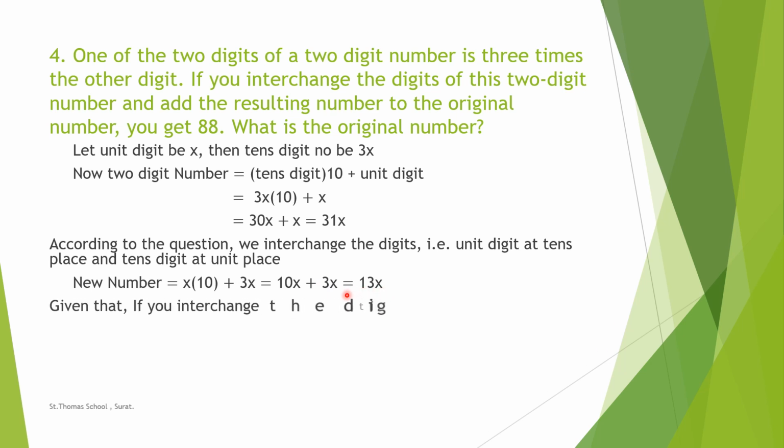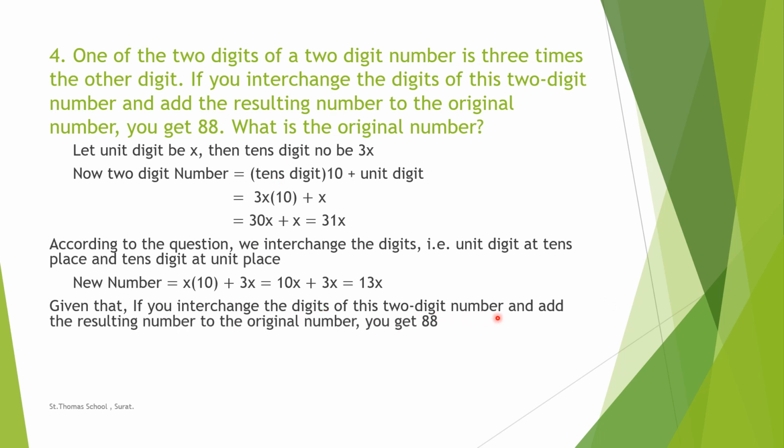Now, again, it is given: if you interchange the digit of this two-digit number and add the resulting number to the original number, you get 88. What is the meaning of this sentence? Add the resulting number to the original number. That means when we add 31x plus 13x, we get 88.